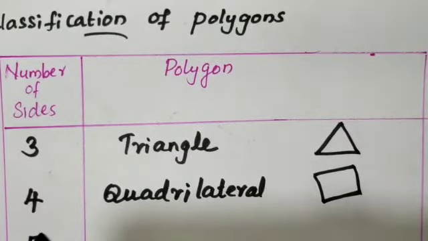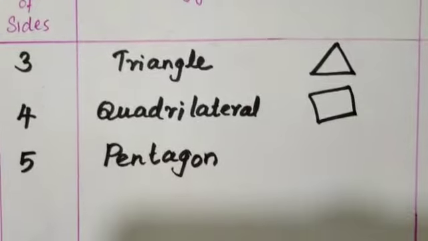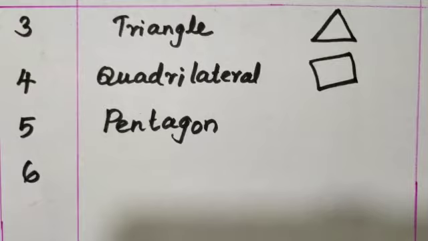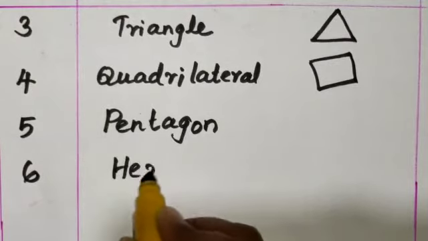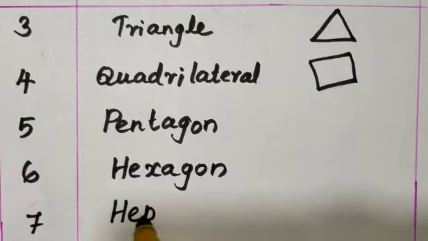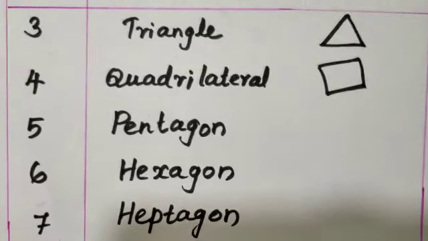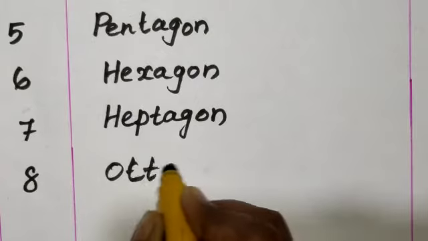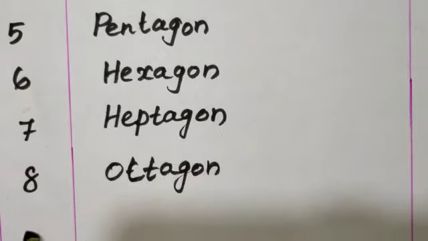Then, if the number of sides is 5, we call it a pentagon. If the number of sides is 6, it is a hexagon. If the number of sides is 7, we call it a heptagon. If the number of sides is 8, we call it an octagon.